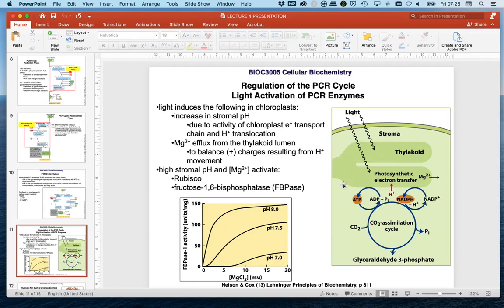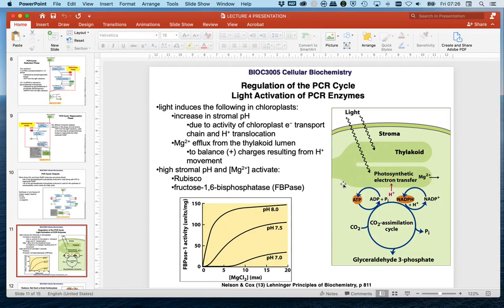Remember, we see an increase in the pH of the stroma, and that's because of the electron transport chain and the pumping of protons across the thylakoid membrane. So the pH of the lumen decreases, the pH of the stroma increases. Remember that?